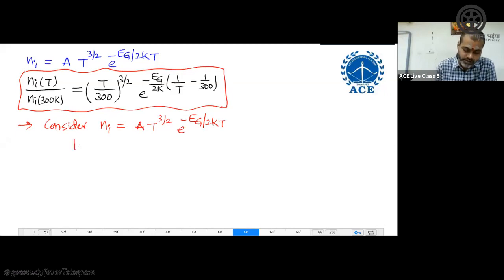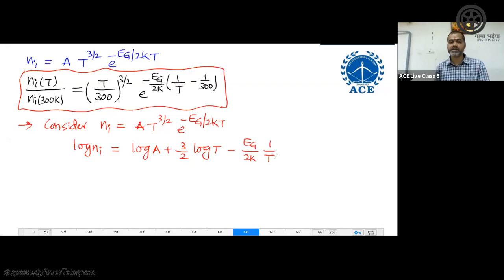So log of Ni is equal to log A plus 3 by 2 log of t minus Eg by 2k into 1 by t. Am I correct? And natural logarithm applying, you can write ln also, it doesn't matter.